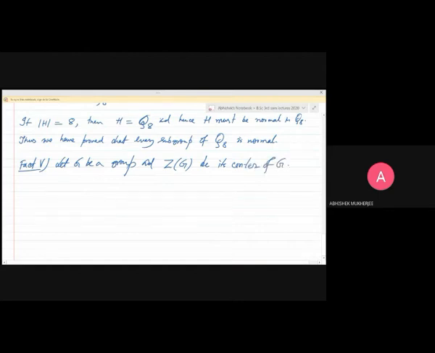We have already proved, so recall, that Z(G) forms a subgroup. But now we will see that not only is it a subgroup, but it also forms a normal subgroup.